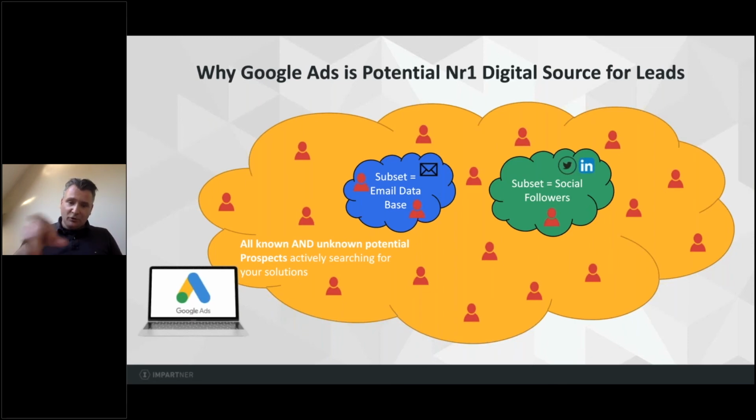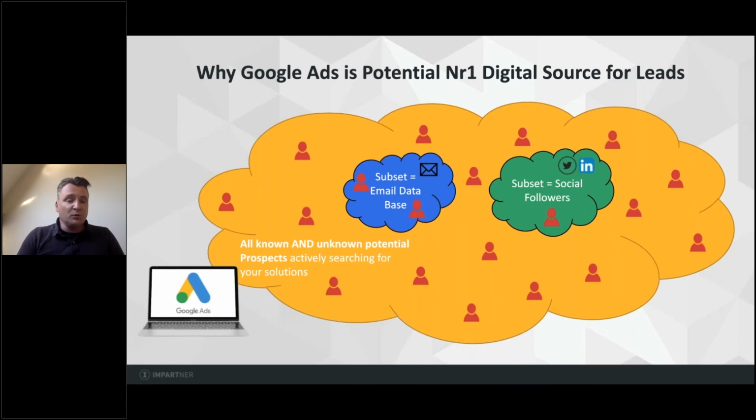If you look at the orange cloud, this represents the audience in a certain geographical region that you want to target. So I'm in London, and let's say the red persons are the hot prospects.